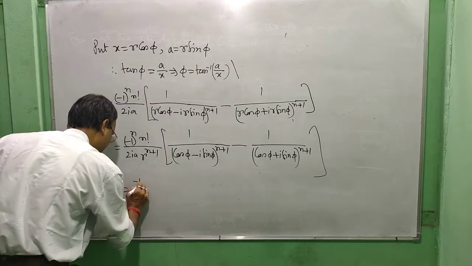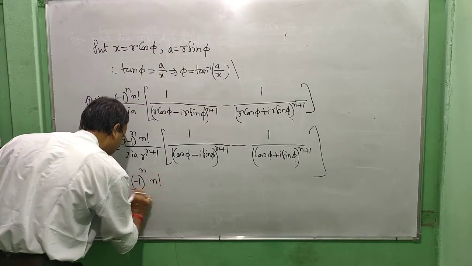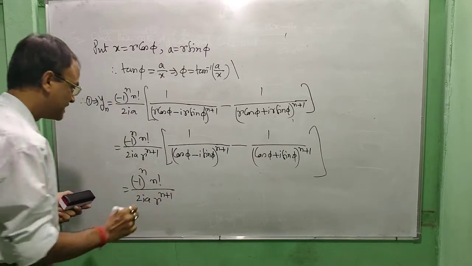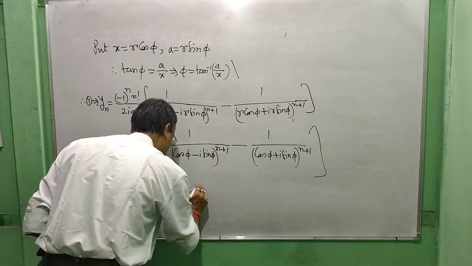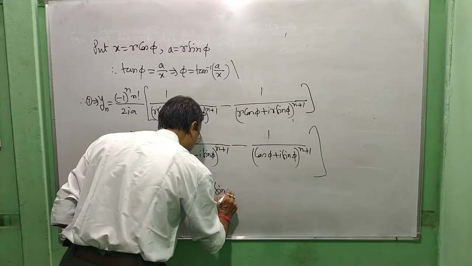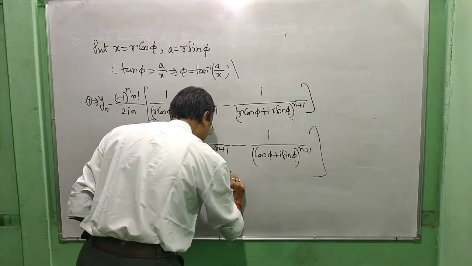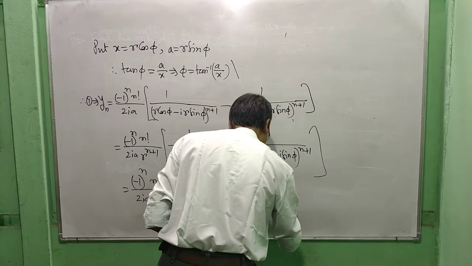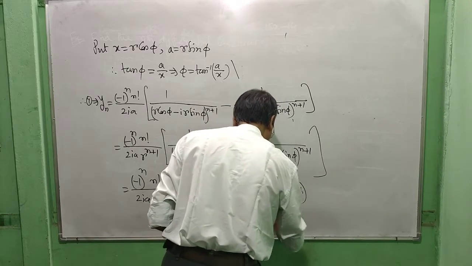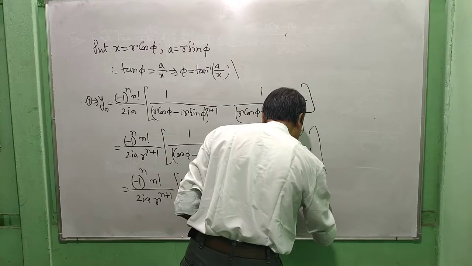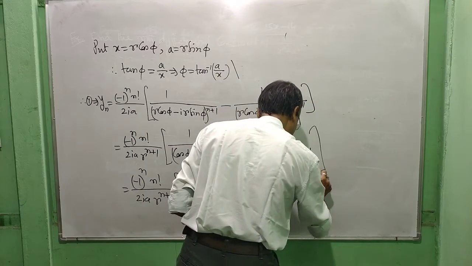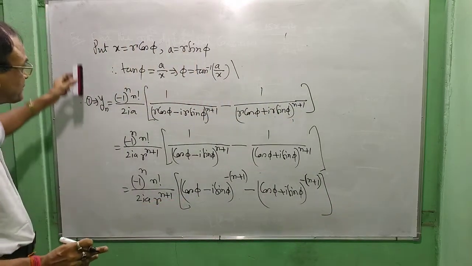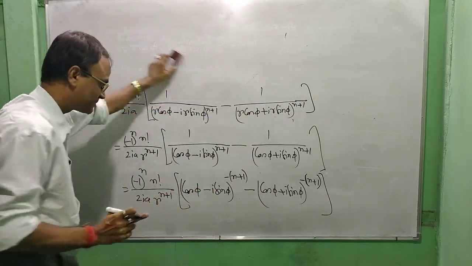This is equal to minus 1 whole to the power n factorial n divided by twice ia r to the power n plus 1, into cos phi minus i sin phi whole to the power minus n plus 1 minus cos phi plus i sin phi whole to the power minus n plus 1.